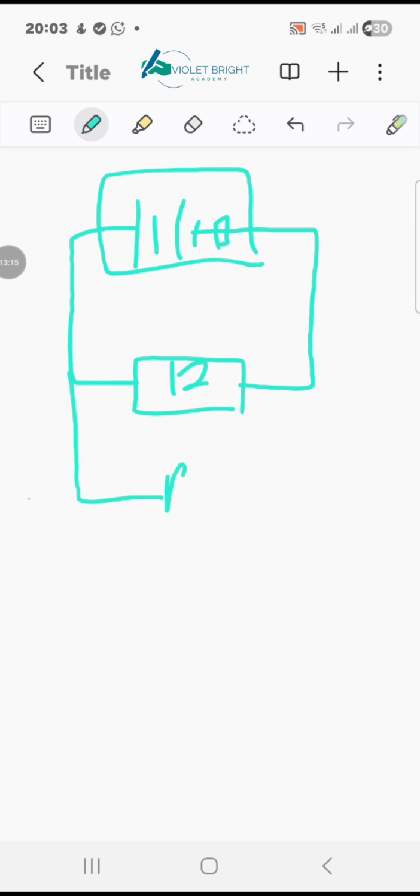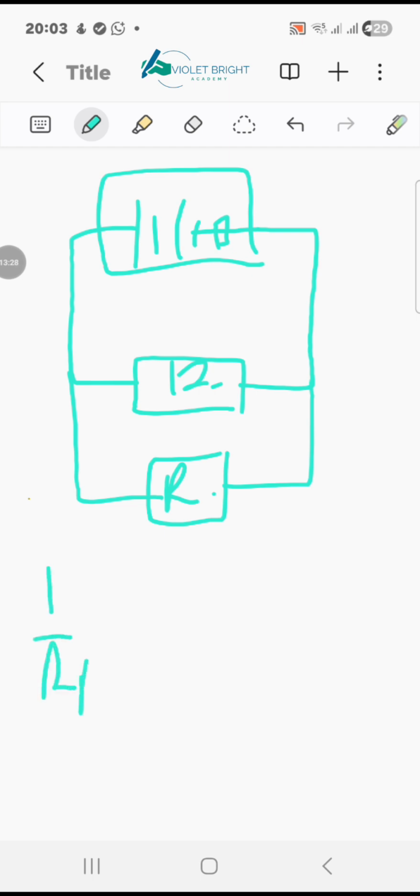Then we have the one R, which we are looking for. The only resistors that we have now are the resistors in parallel, 12 and R. So R parallel is 1 over 12 plus 1 over R.